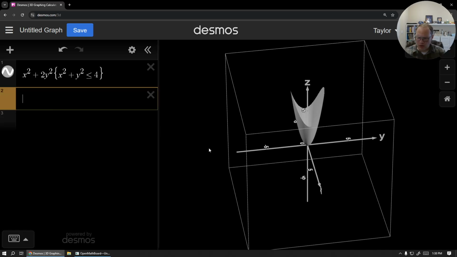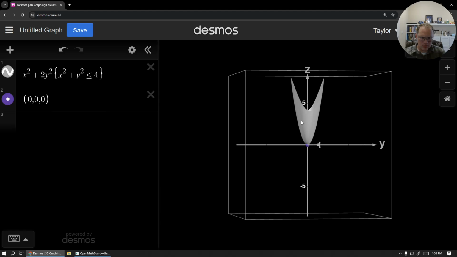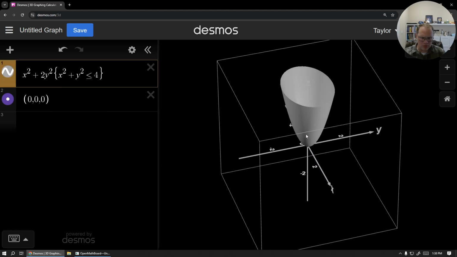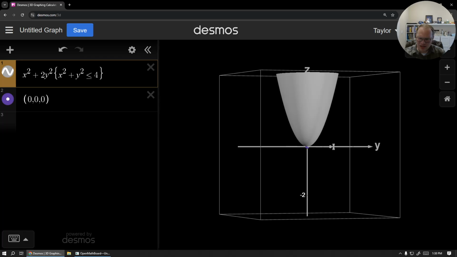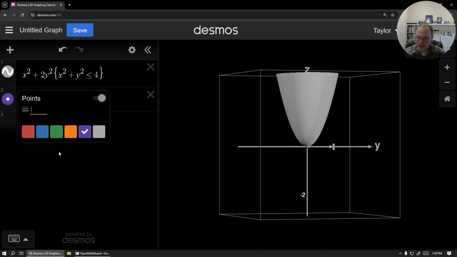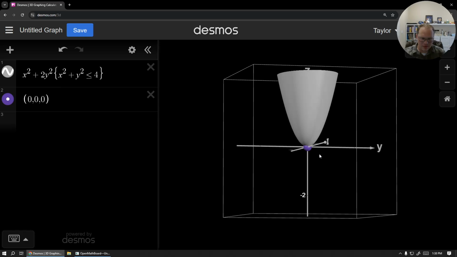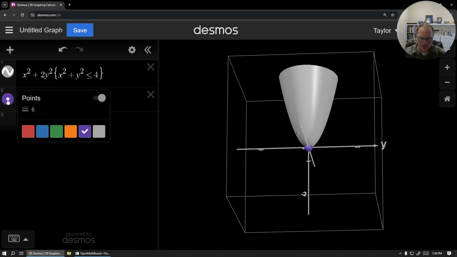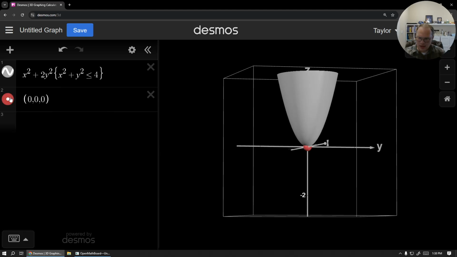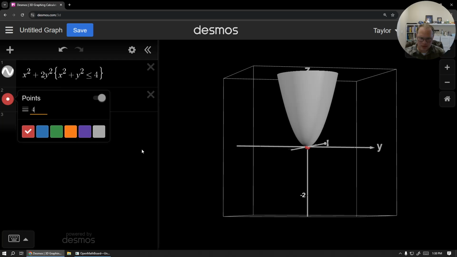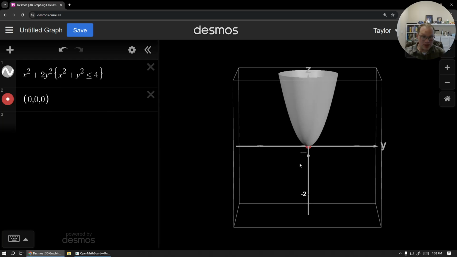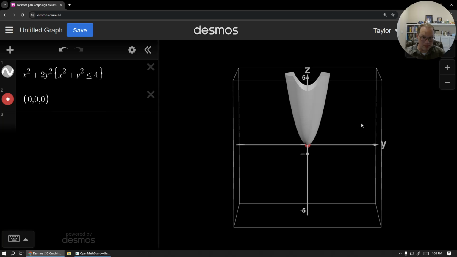We found the absolute minimum was at x and y equals 0, 0, and the absolute minimum was 0. Let me just make the point bigger. I don't think that purple color shows up very well. Let's make it red. A little too big, I think. But you can see that that is definitely the absolute minimum, right?